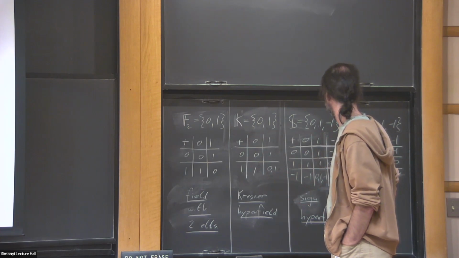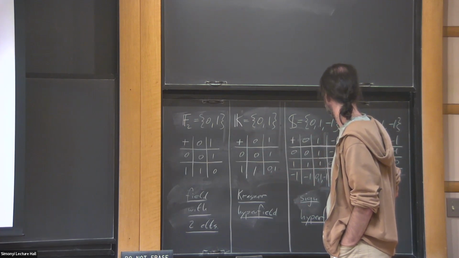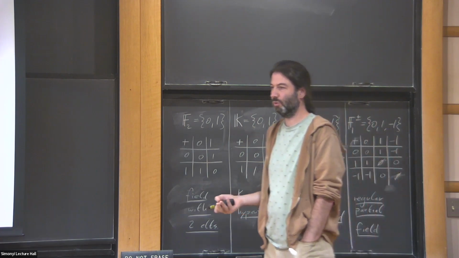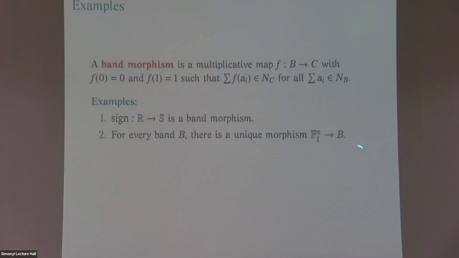These are the minimal relations on the addition table that you could come up with, so that's why there's this unique morphism. In other words, this is an initial object in the category of bands.